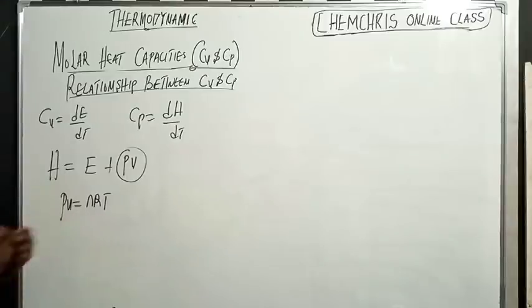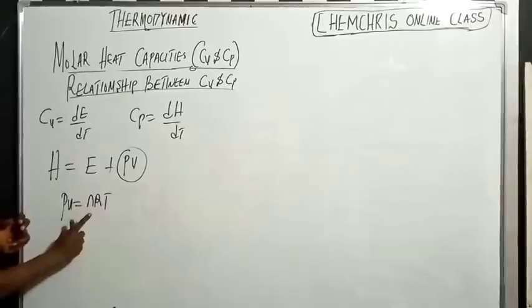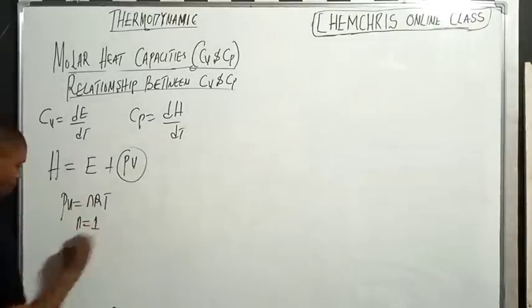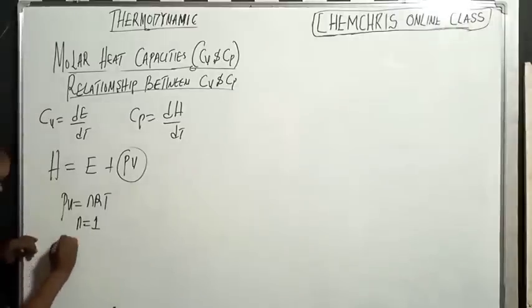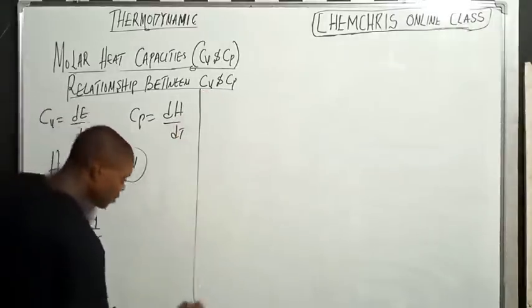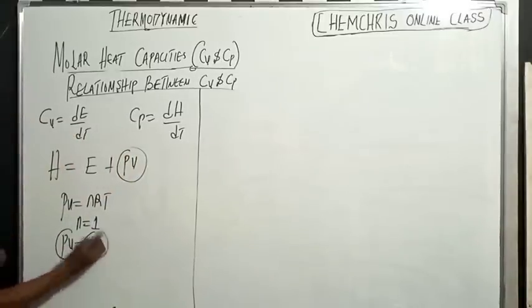Now we are talking about n moles of a gas, right? So we are going to ignore this n. So for n equals 1, for 1 mole of a gas, here we have PV equals RT, right? Do you understand? So anywhere I see my PV, I put RT.